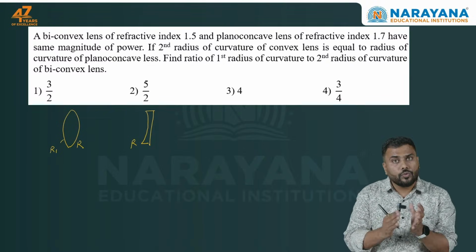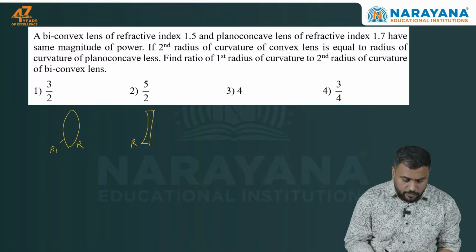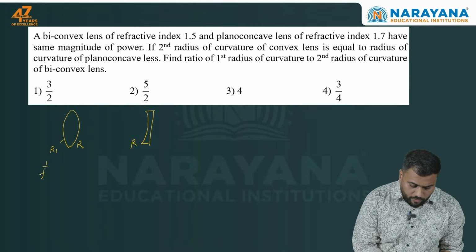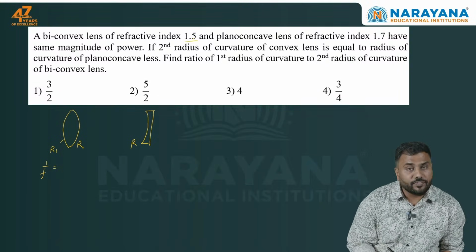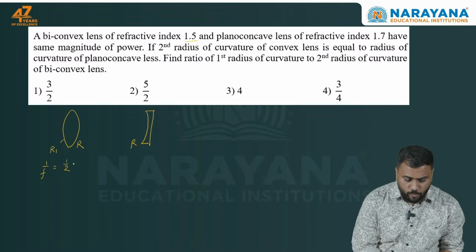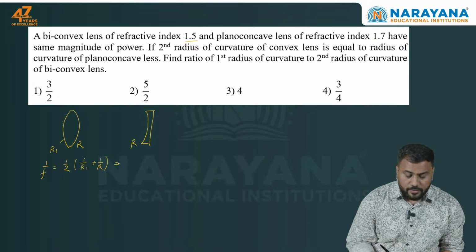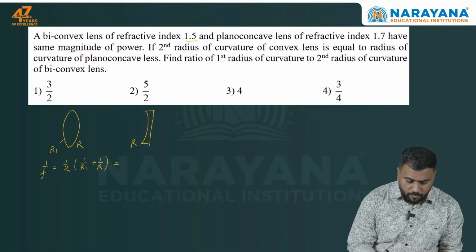The power of the two lens same, so I can say magnitude of focal length is also same. The focal length of this convex lens will be 1 by f is equal to mu minus 1. Mu is given as 1.5. Mu minus 1 will be 0.5 into 1 by r1 plus 1 by r. This is same as the magnitude of focal length of the second.